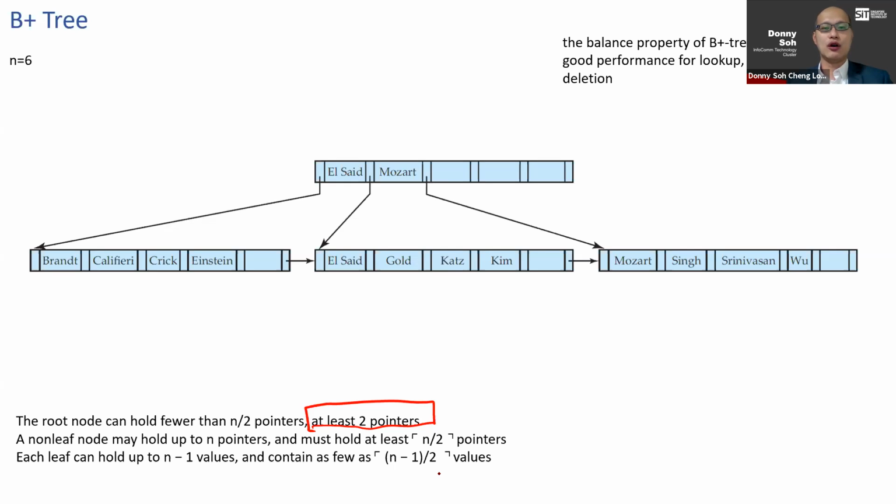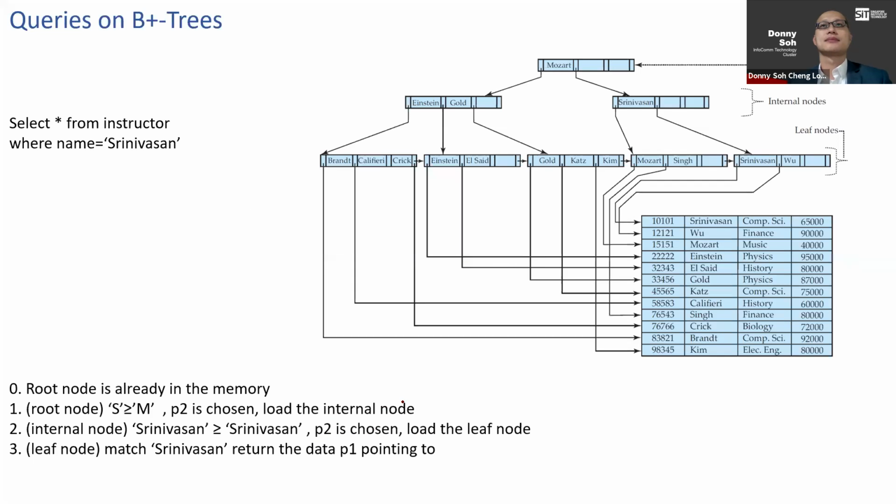Let's look at how queries on a B plus tree work. Assuming that we have the B plus tree over here, we have the root node, we have internal nodes, we have the leaf nodes. I'm going to select everything from my instructor where my name is equal to this gentleman over here, and the name is the index.